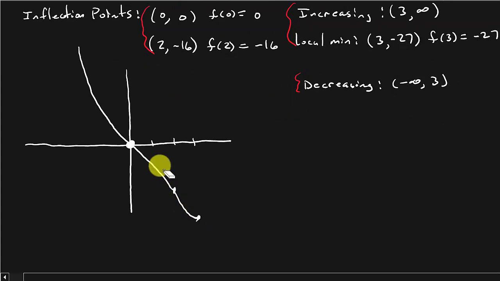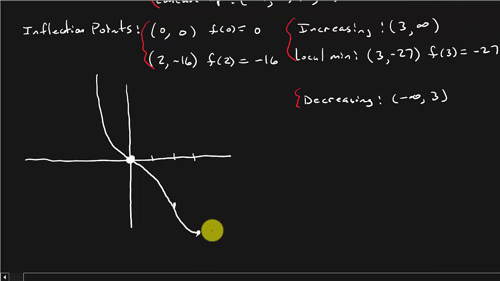Now let me draw that again. I'm going to exaggerate it a little more than what I did. All right, so it's coming in like this, and then it changes concavity again. So hopefully you can see that a little better.